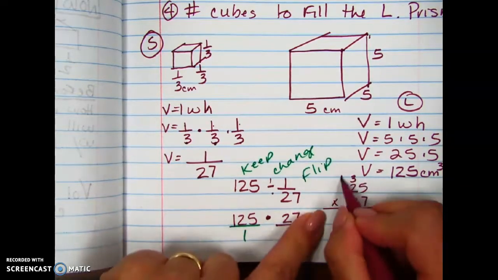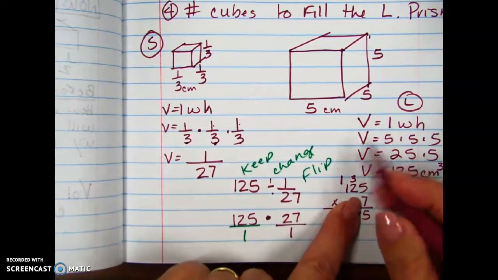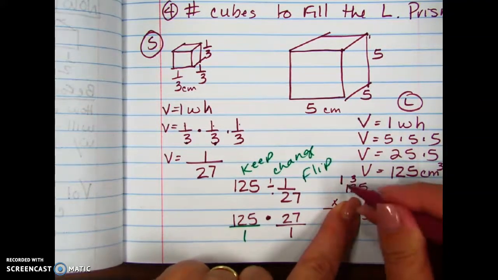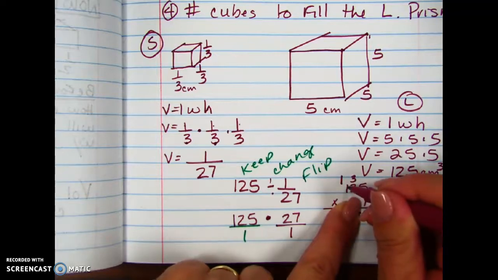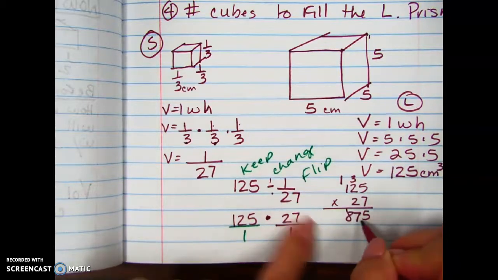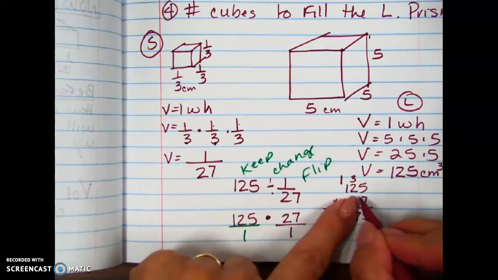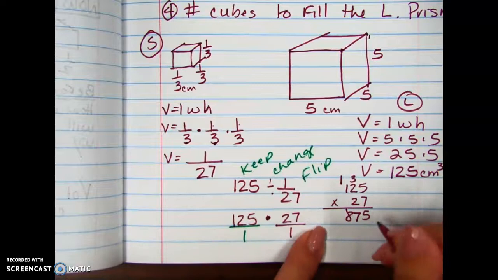I put that there, and I regroup. I still have to keep going because I'm not done with 7 times this whole number. 7 times 1 is 7, plus 1 is 8. Oh, 875. 7 times 125 is 875.